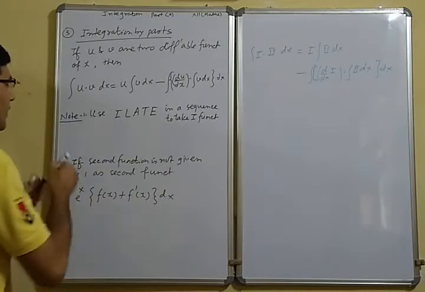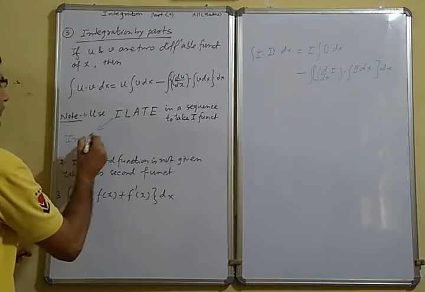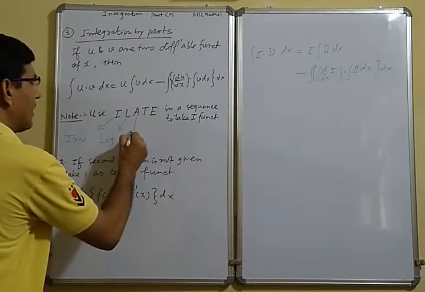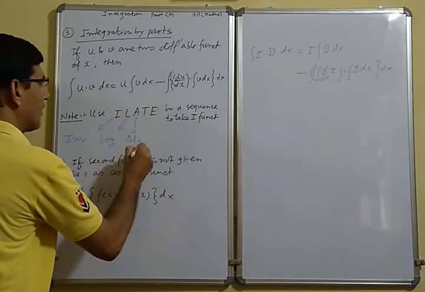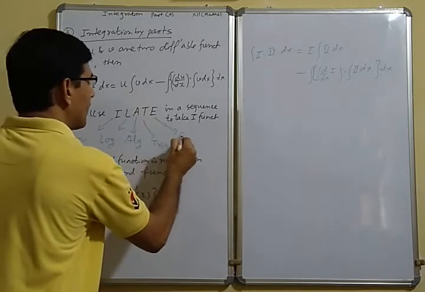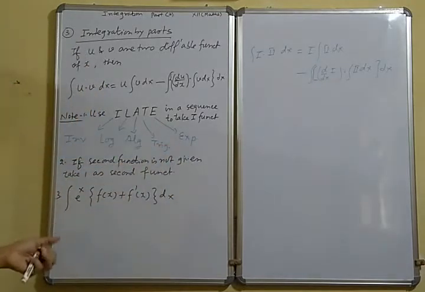Here I means inverse function, L means logarithmic function, A means algebraic function, T means trigonometric function, E means exponential function. In this sequence we will take the first function.